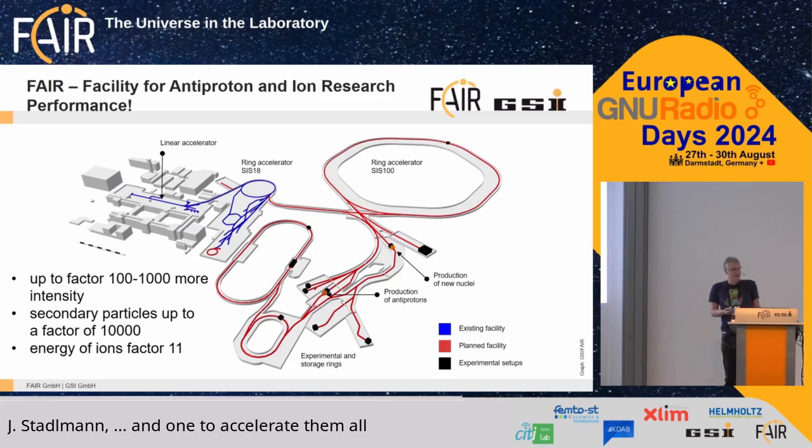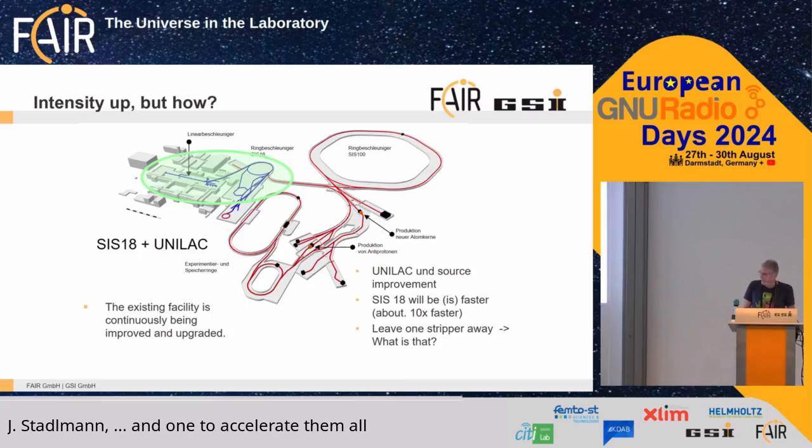I mean, it's not that the present facility is not running at full speed, so we have to have ideas how to improve that. So, of course, you can upgrade the existing facilities. It's done continuously. Our uniqueness at GSI is that we are a heavy ion lab.